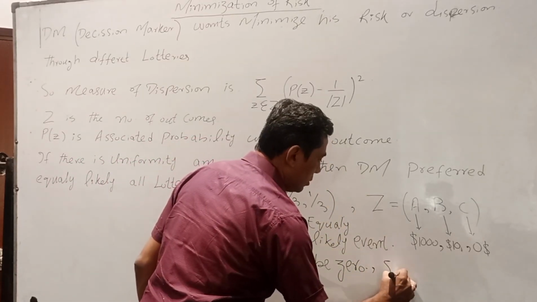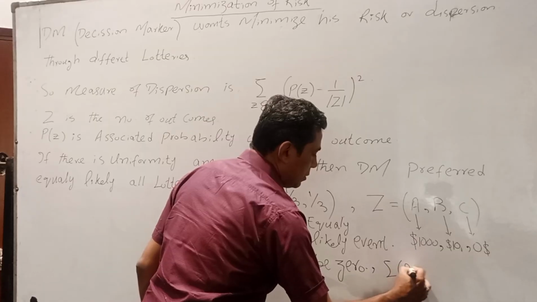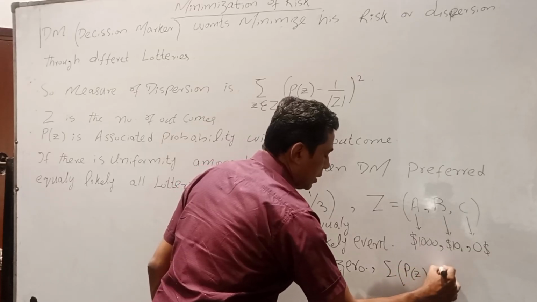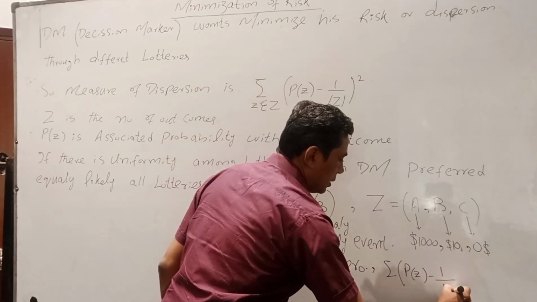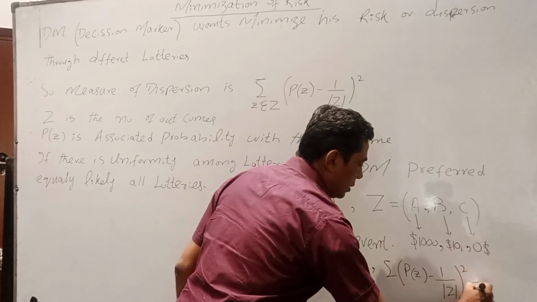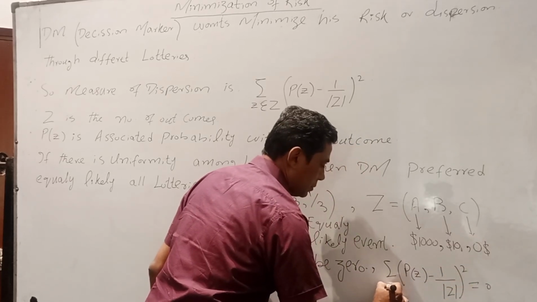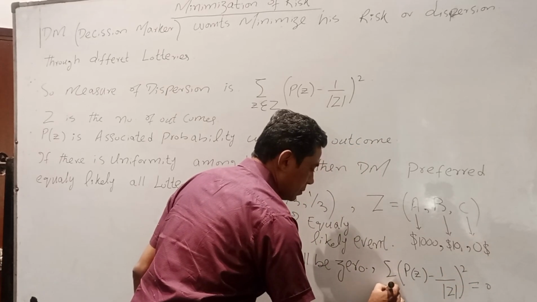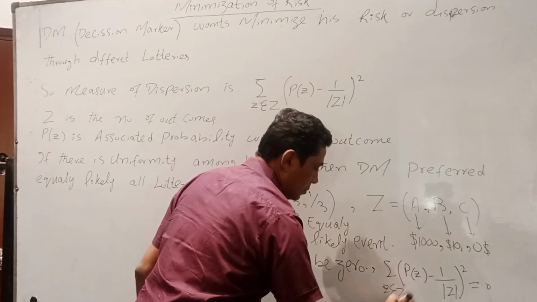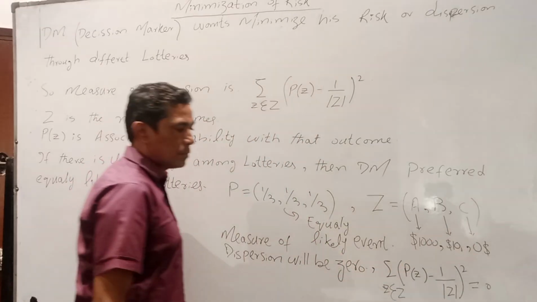Am I right? The sum of p_z minus 1 over z, squared, should be zero.